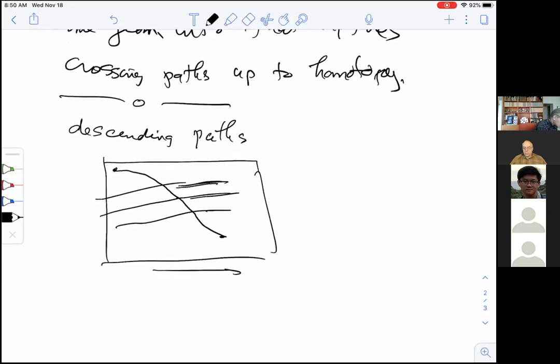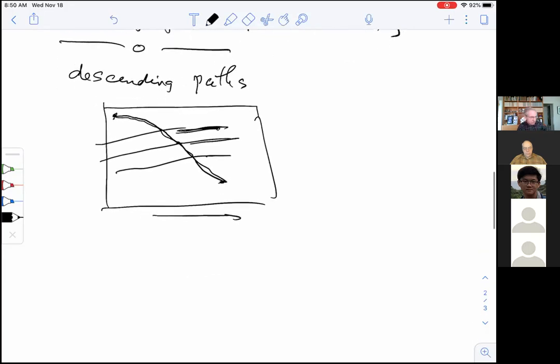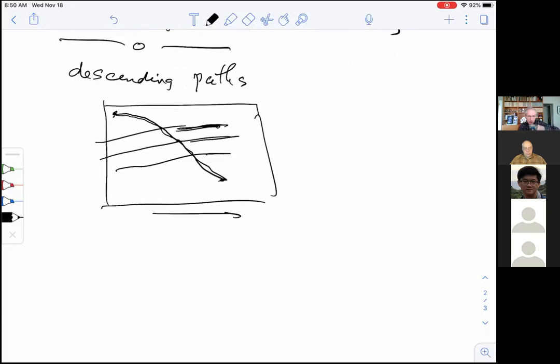And during this part of the path, there are no births, no deaths, and only one critical point that crosses others. The others may move up and down. They can shift as they go along, but they don't cross each other. And this critical point crosses some sequence of them. Okay.